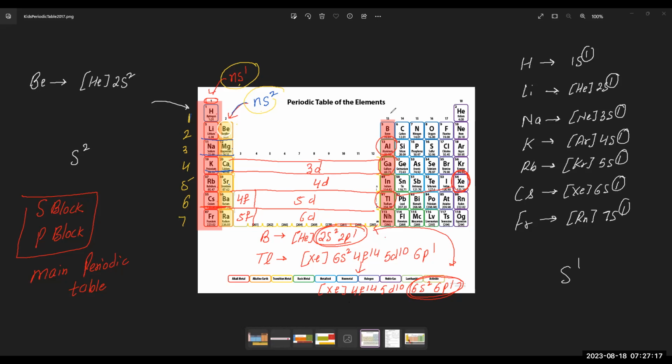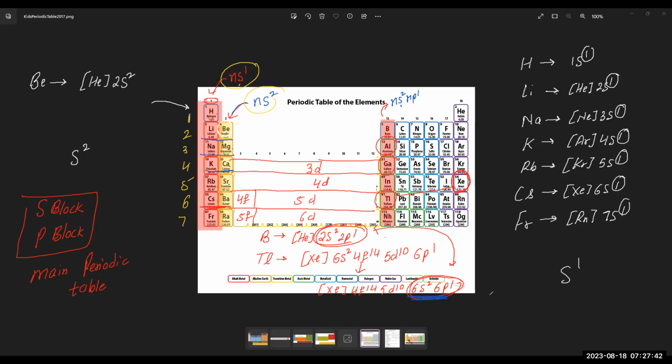So what's the general configuration? Yes, Anil, very good. ns2 and np1. Children, you have to take s with you because it's a shell. I'm talking about the valence shell, the outermost shell.